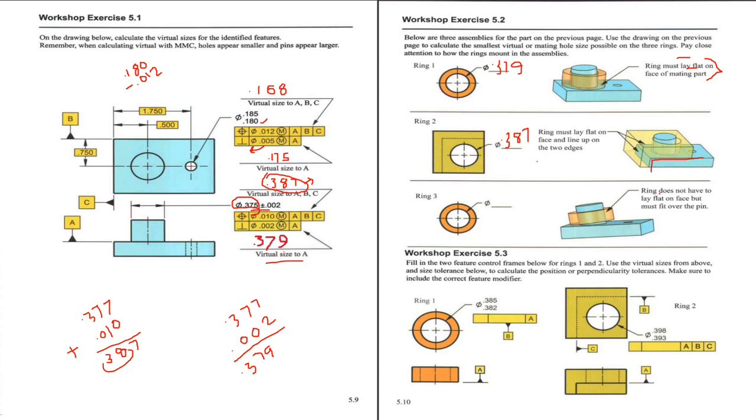And here, the ring does not have to lay flat on the face, but must fit over the pin. So we don't need this perpendicularity tolerance. We don't need this positioning tolerance. We only care about this 0.375, and the size of the pin at MMC, it would be 0.377.